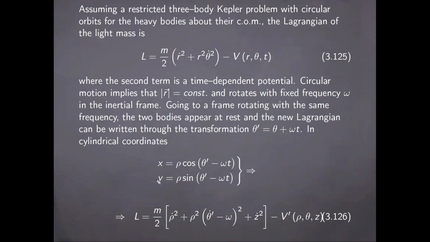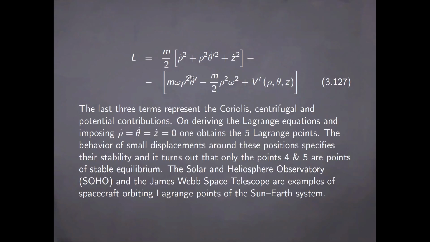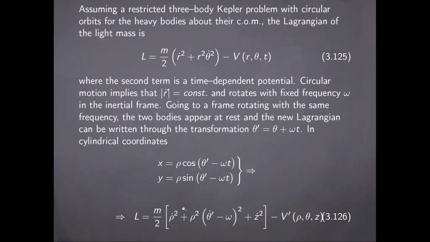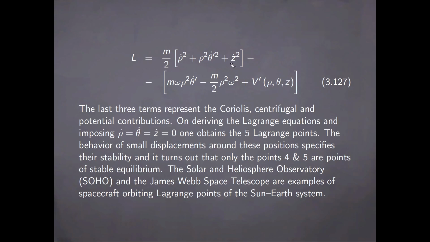With the cylindrical coordinates given here, the Lagrangian can be recast immediately in the form below, or if we perform a few more simple calculations, in the form given here, where the first term is the kinetic energy, and the last three terms represent the Coriolis, the centrifugal, and potential contributions, with a potential that is now time independent.